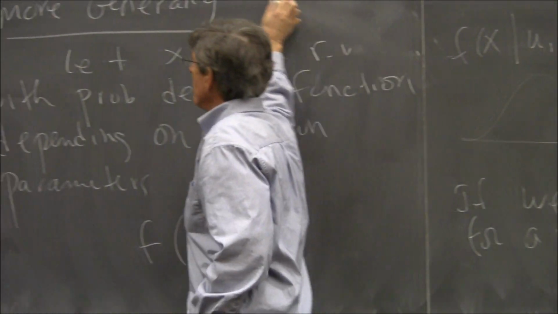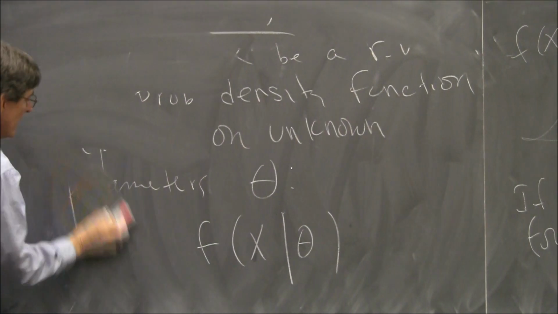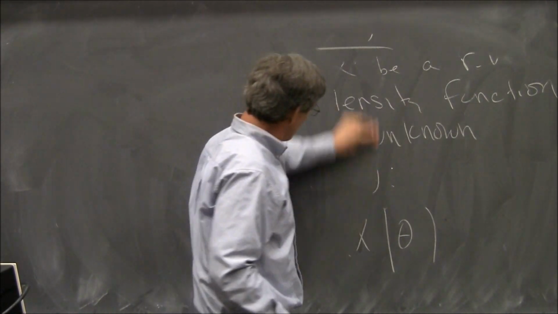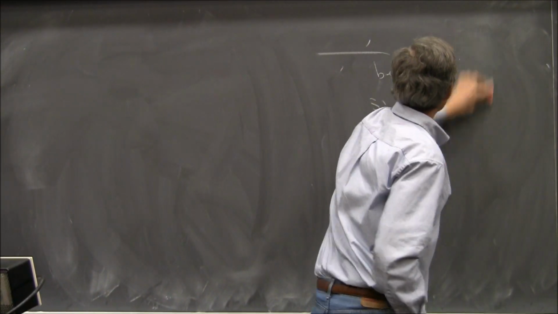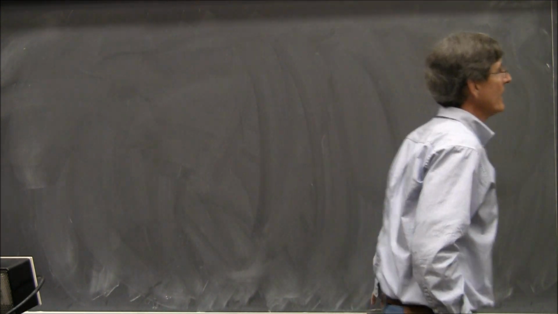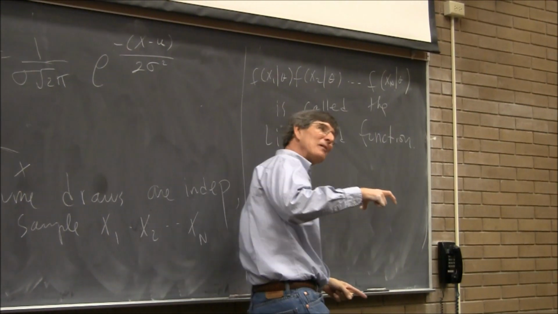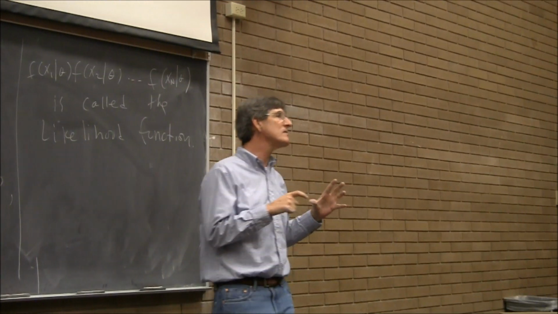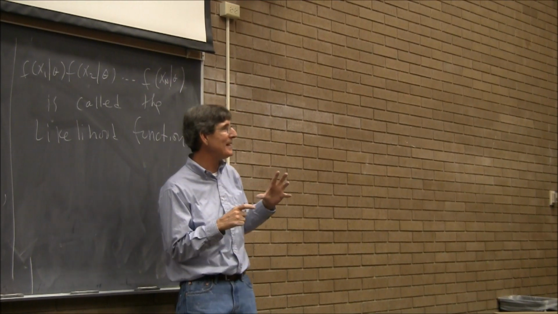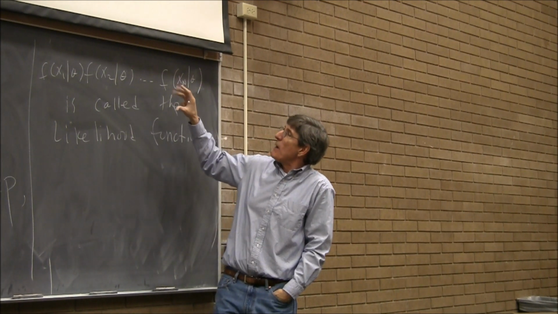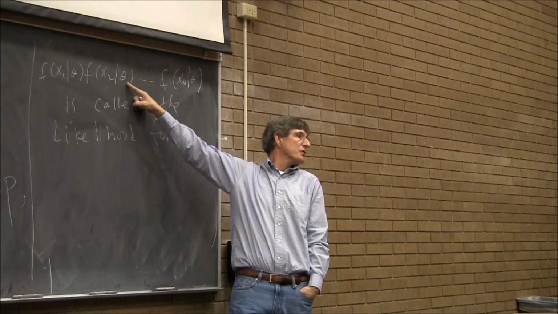Great. So all we do is pick the theta, the mean and the variance for the normal case, that maximizes the probability, that maximizes the chances that it came from that distribution.